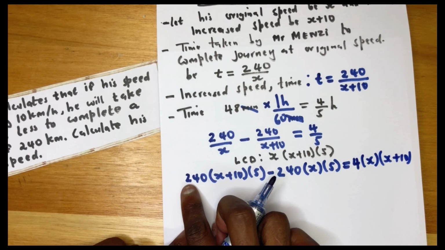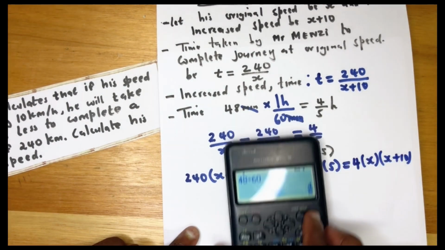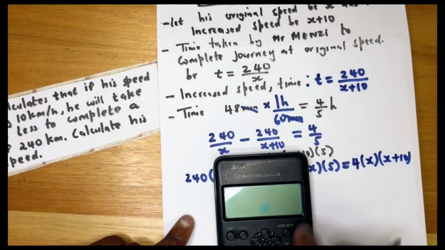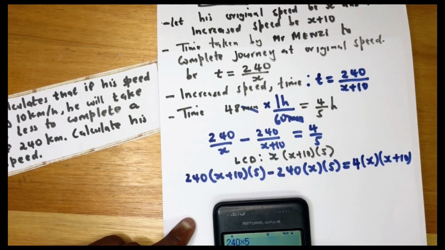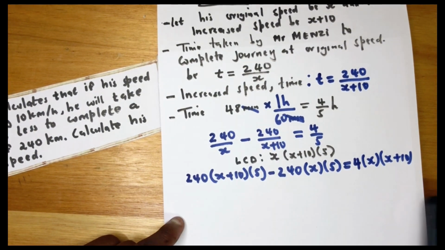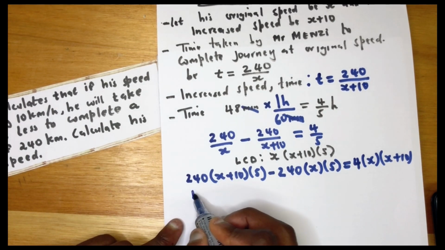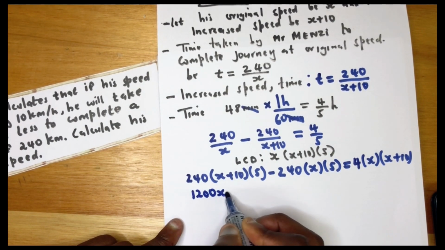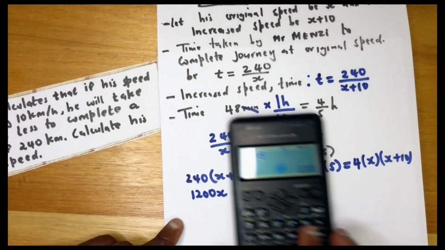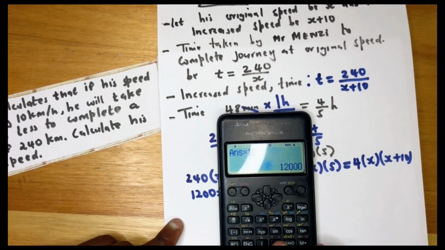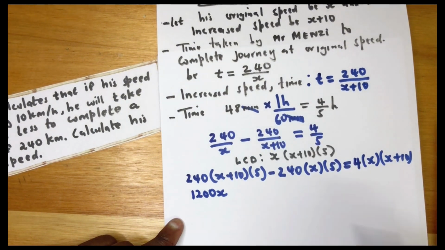So now we know that 240 times 5, what do we get? We get 1200 times x, so this is 1200x. Then 1200 times 10, we get a big number, 12,000.